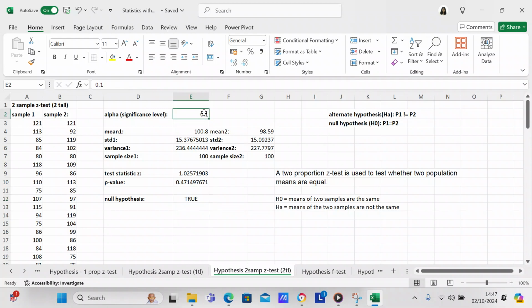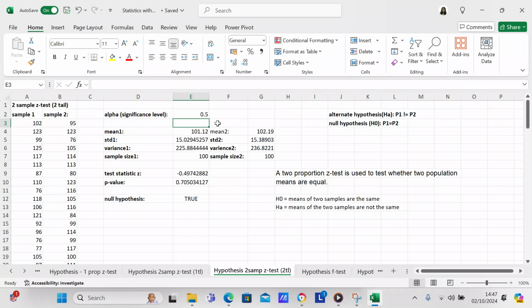So let's try it here, 0.5. So again, we've still got a very high p-value, and it's real iffy because we've got a mean of 101.12 and a mean of 102.19.